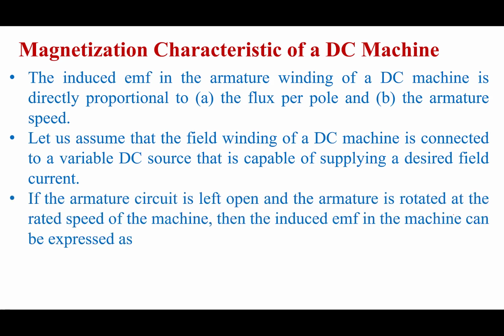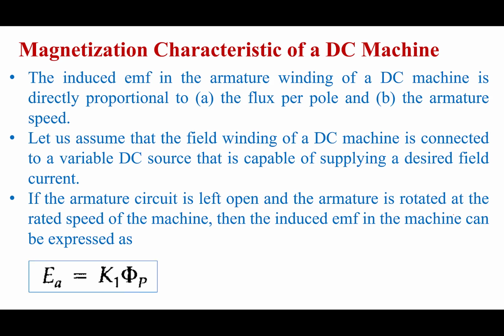If the armature circuit is left open, that means it is open circuited, and the machine is rotated at rated speed, then the induced EMF in the machine can be expressed like this.